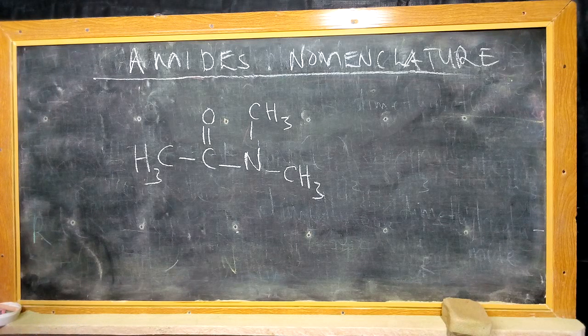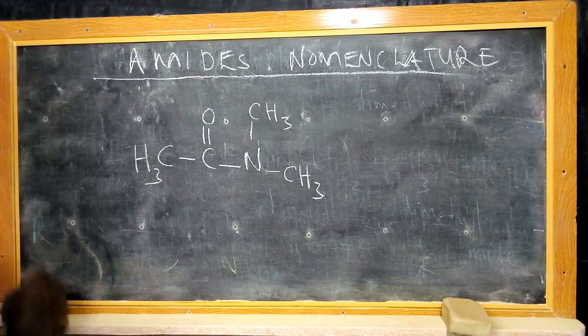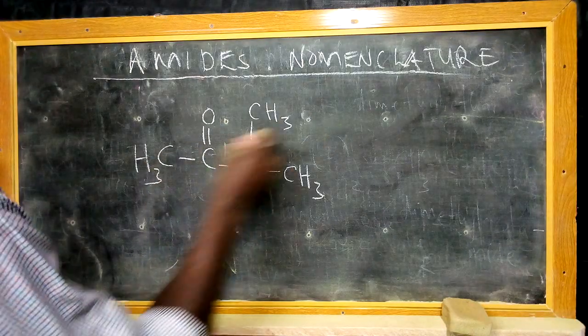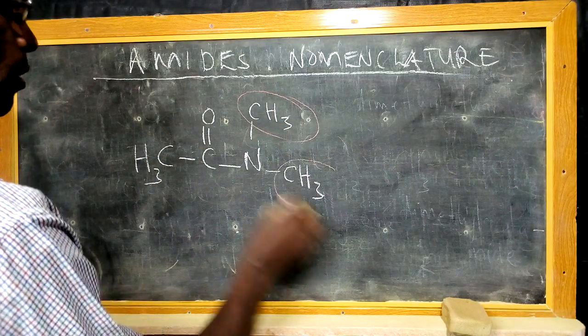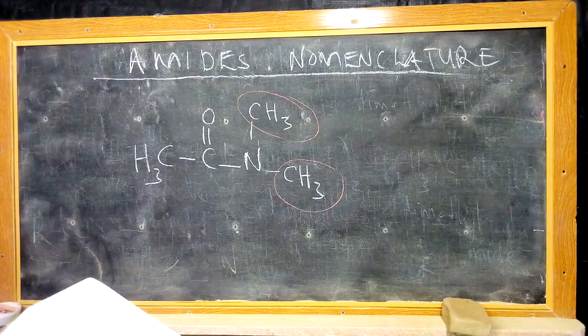In this case, we can see that this is a double substitution of methyl groups on the N, or the nitrogen. So we shall have the name dimethyl.